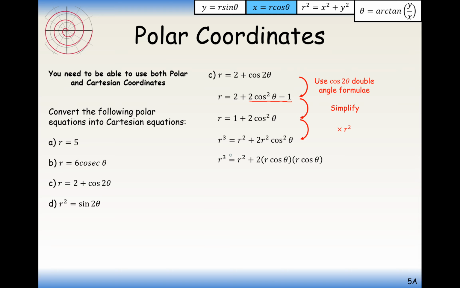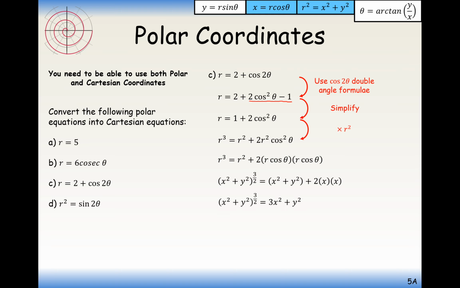But with r cubed, it's going to be slightly more difficult. I'm just going to need a really complicated power on my x squared plus y squared. I'll need to do a square root to get rid of the r squared, but then to the power of 3, so it's a power of 3 over 2 on this first term here. So r squared turned into x squared plus y squared, and then the r cos theta both turned into x.